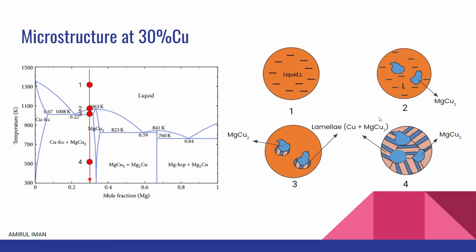After it cools down again, you can see our microstructure has a lamella at point 3, which is around 1008 Kelvin. As it cools down again, at point 4, it will have a lamella structure of copper and MgCu2 and also a eutectic MgCu2.